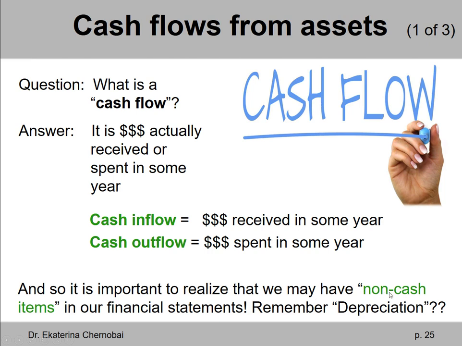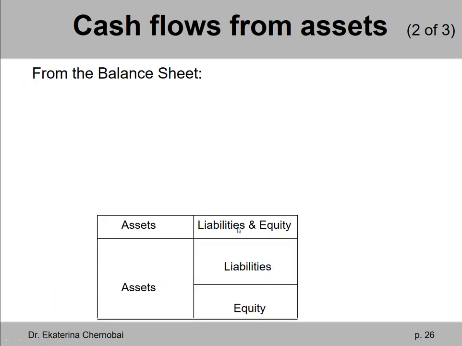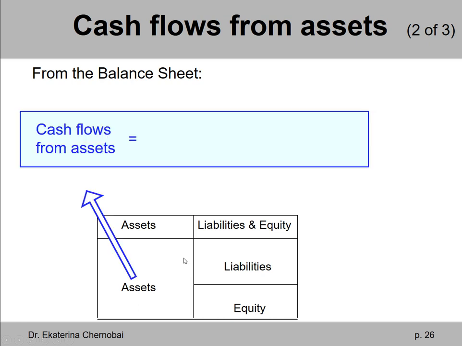That's the only purpose. Then if you go back to a balance sheet, we can say the following. All assets that we are working with, buildings, equipment, and so on, are all being used in order to bring cash inflows, right? So these are cash flows from assets.